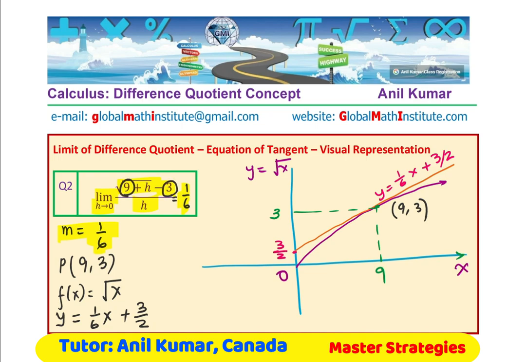Once you have the gradient and the point, that means once you have this combination, you can get the equation of the tangent line very easily. Is that concept clear to you? That is how we do it. Perfect. I hope this is absolutely clear.